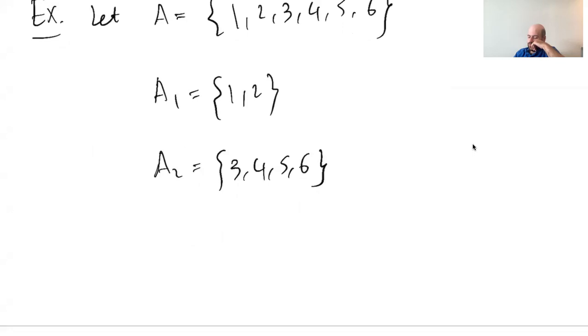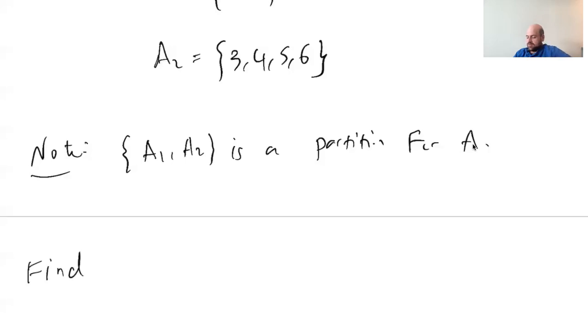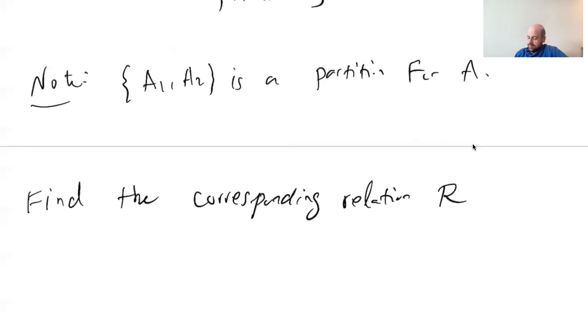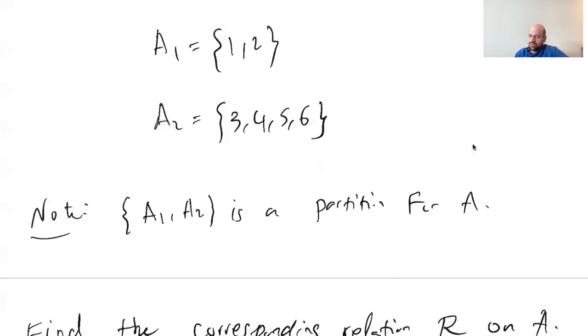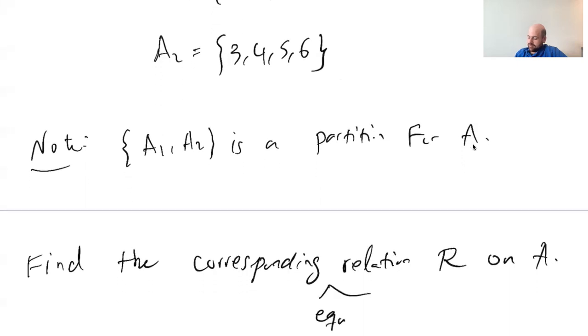A1 and A2 is a partition for A. Find the corresponding relation R on A. Okay, so we know that every partition corresponds to an equivalence relation, the corresponding equivalence relation R on A.